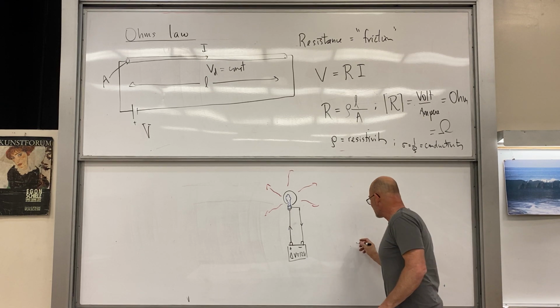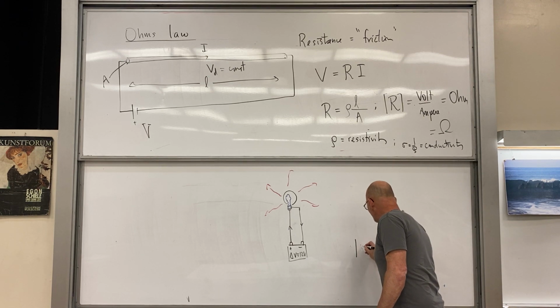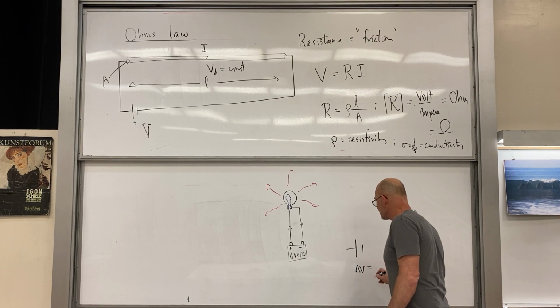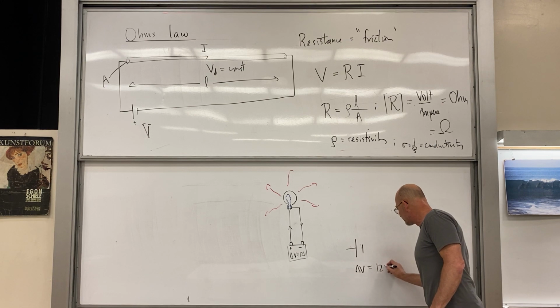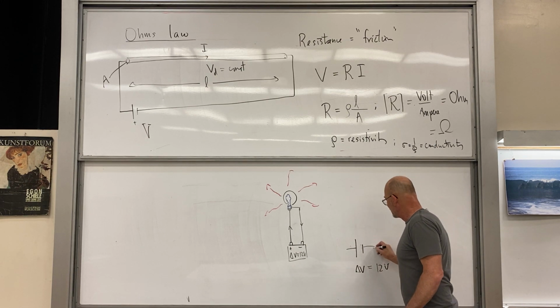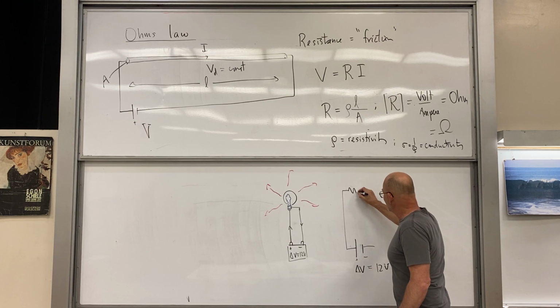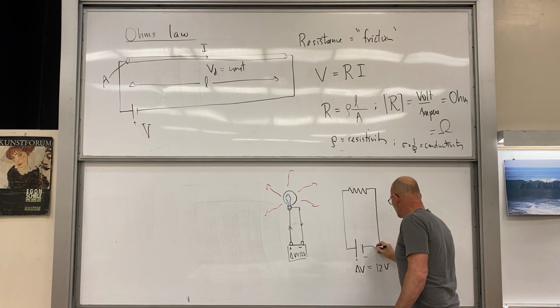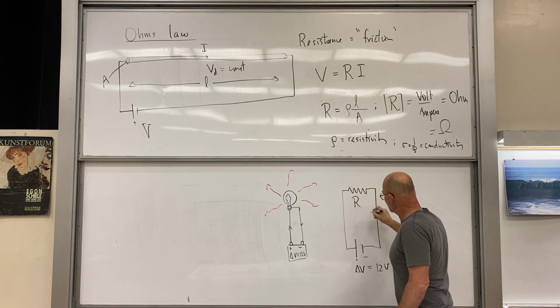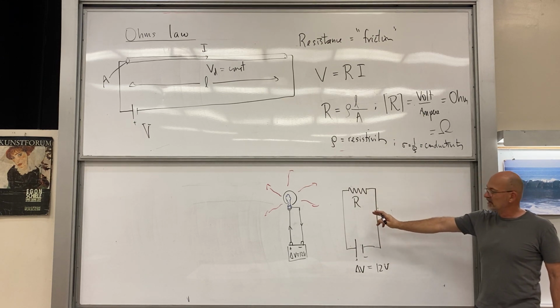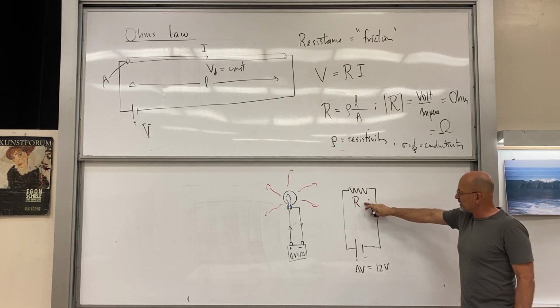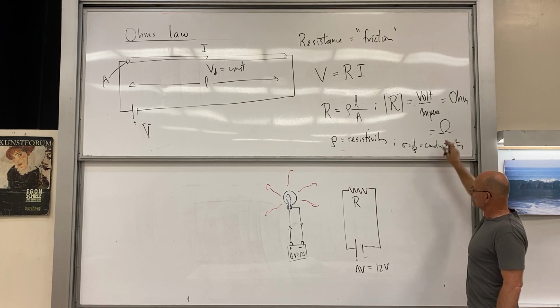In terms of the circuit elements, the same thing here would be this battery with delta V. In my case there, I just called it 12 volts. There's the plus, there's the minus side. And our resistor is just this line there giving a certain number of ohms.